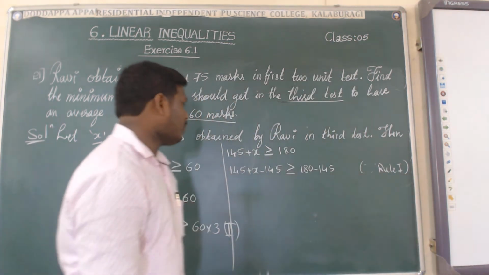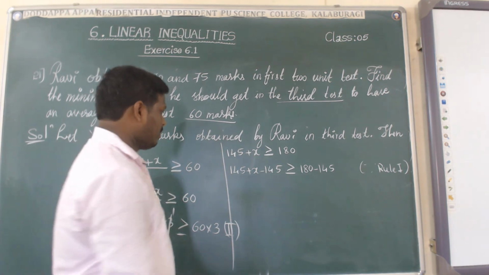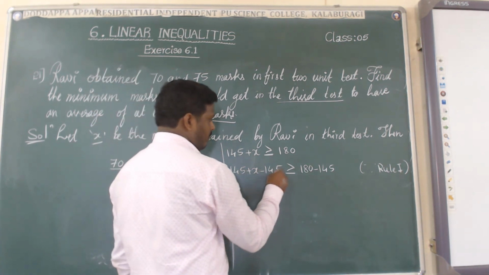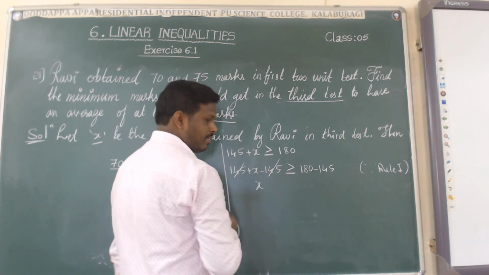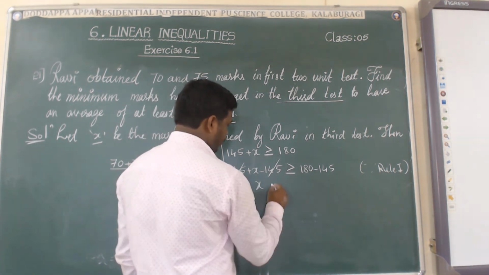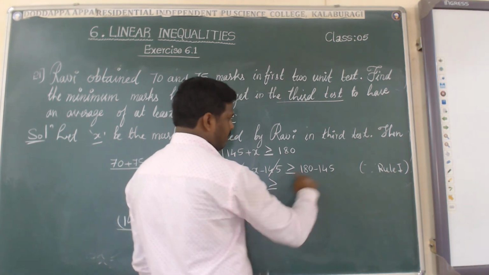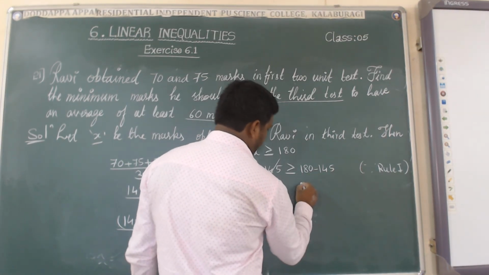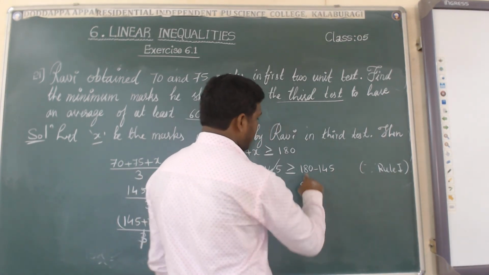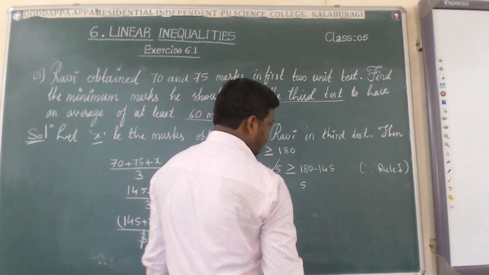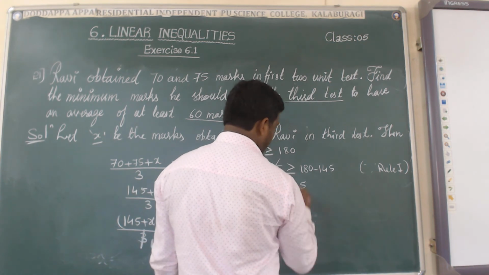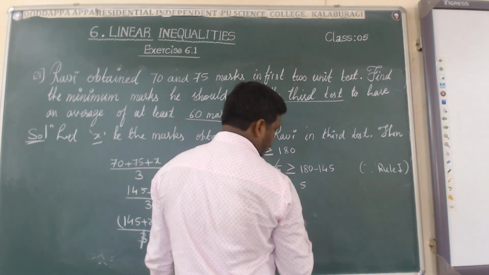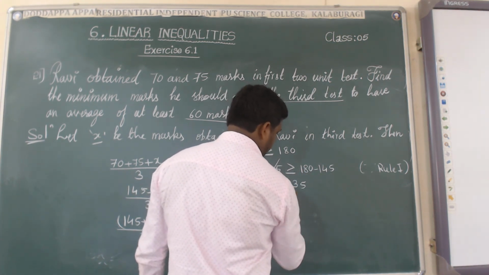So 145 minus 145 becomes 0. The value of x remains the same, x remains positive with coefficient one. And it is greater than or equal to 180 minus 145, which is 35.